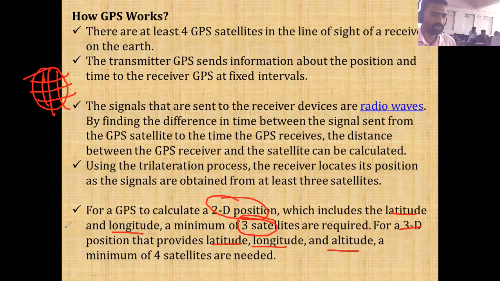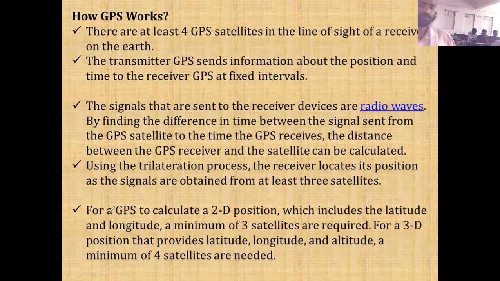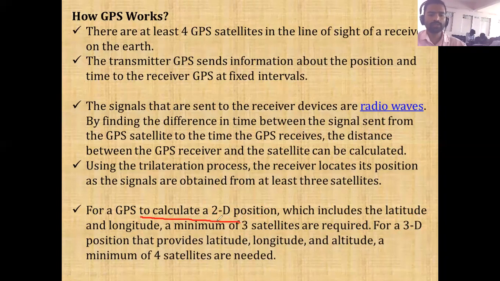Write down this point. Only the last point you can write down. For a GPS to calculate a 2D position, which includes the latitude and longitude, a minimum of 3 satellites are required.